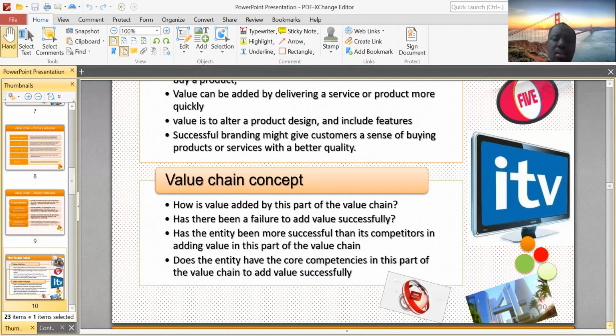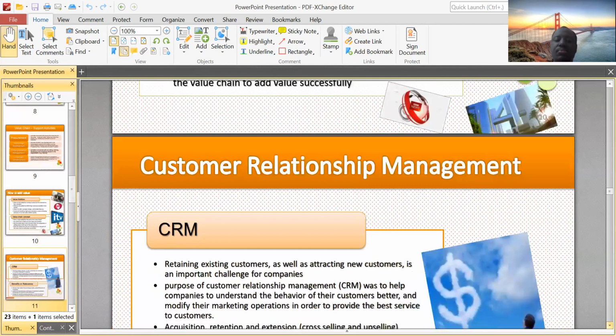Does the entity have the core competencies in this part of the value chain to add value successfully? Do we have these core competencies to deliver value to the customer? These are critical questions that you should be asking.